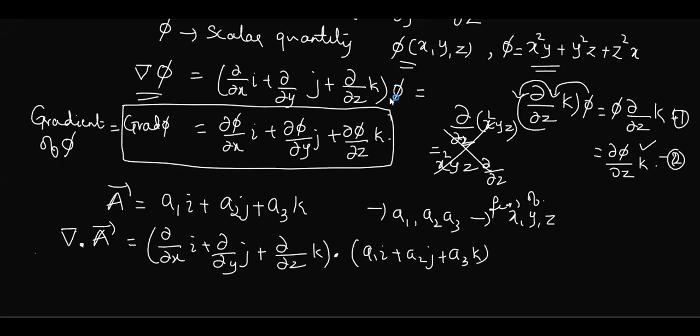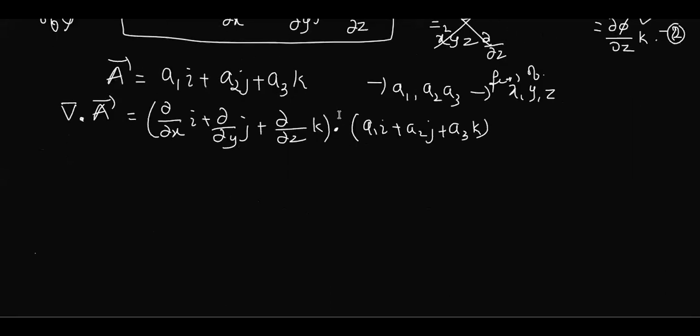Done. Now we have seen how it works when it is a dot product. How to take it? We should multiply the corresponding i coefficients, isn't it? What is the coefficient of i here? Dou by dou x. What is the coefficient of i in the second vector? a1. So how you have written a1 b1 plus a2 b2? Similar concept.